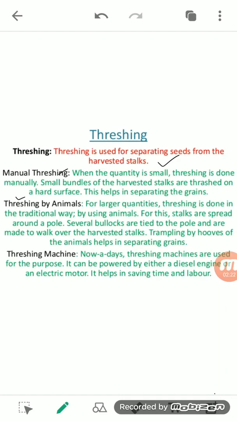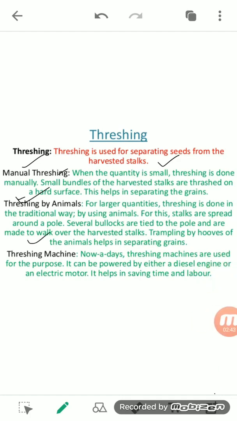The trampling by the hooves of the animals helps in separating the grain. So threshing is also done by crushing the harvested stalk using bullocks. These are the two methods: the first is manual, and the second is with the help of animals. The third one is by machine.